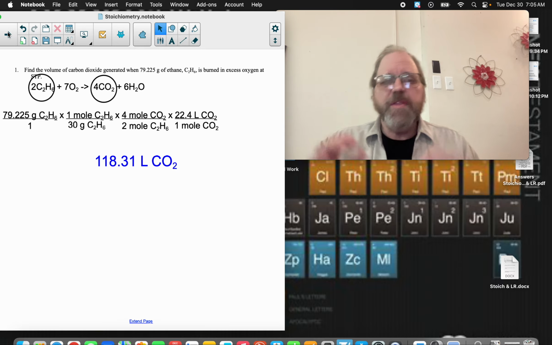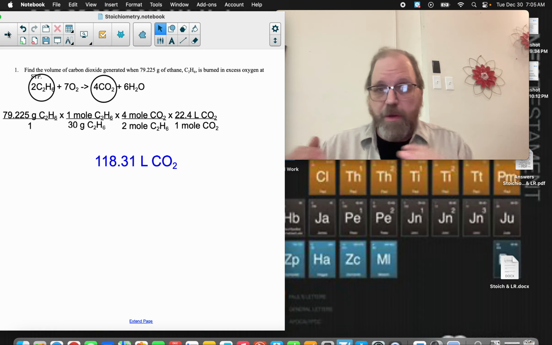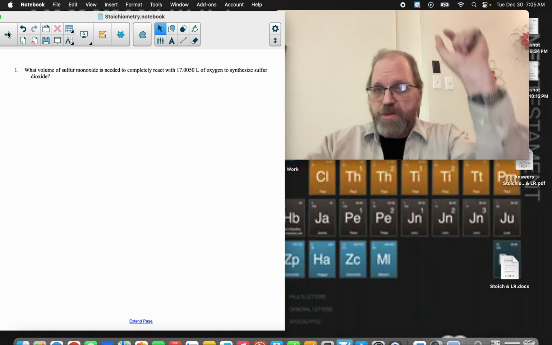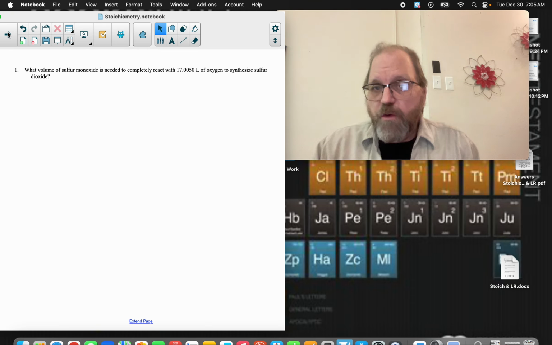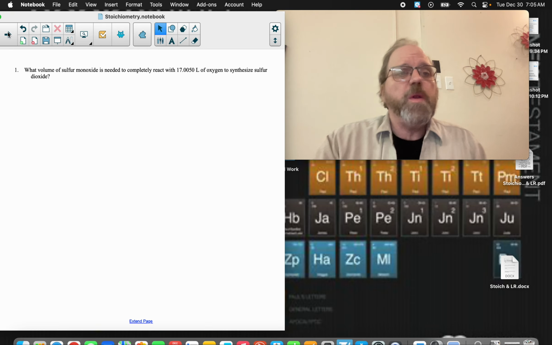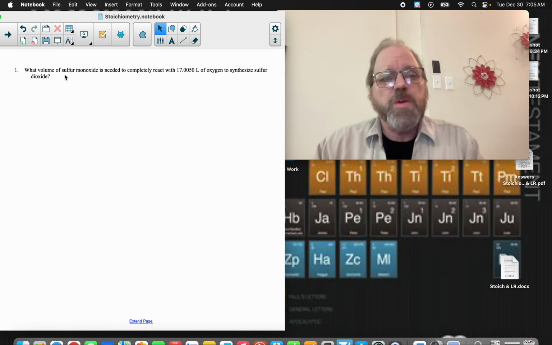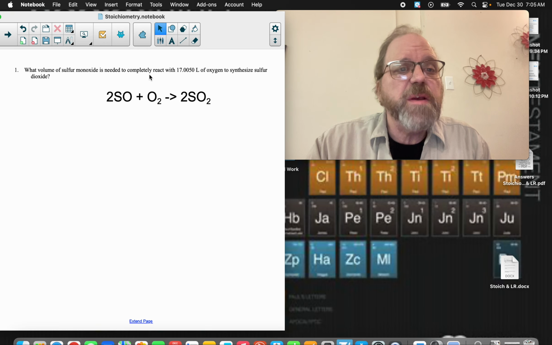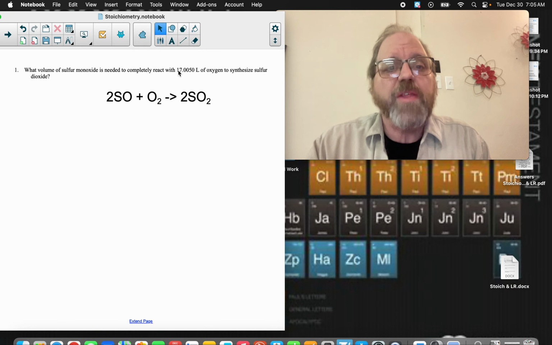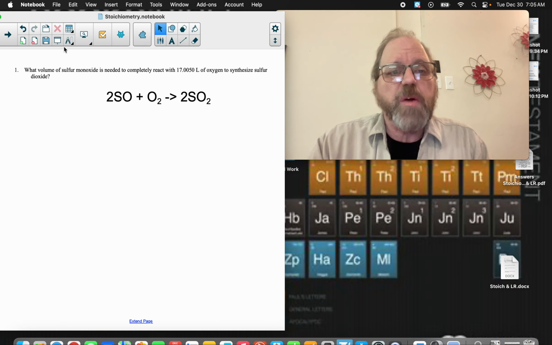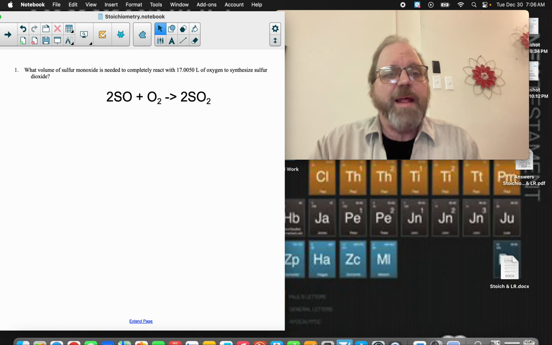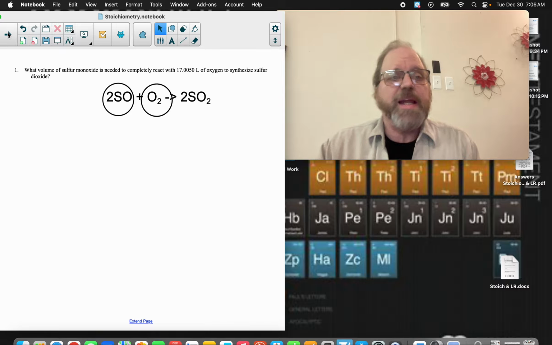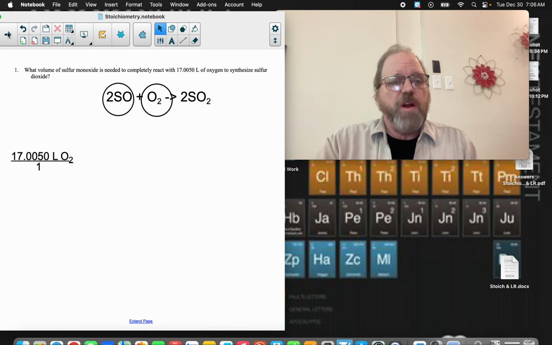Now, this next one is easy. This is volume. Remember, those 22.4s are going to cross out. So all we have to do is use the molar volume. We need the reaction first, though. So 2SO, because what does it say? Volume of sulfur monoxide needed to completely react with oxygen. So there's our reaction, and we're only looking at those two, sulfur monoxide and oxygen. Take our given over 1.